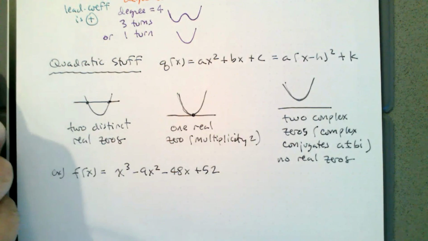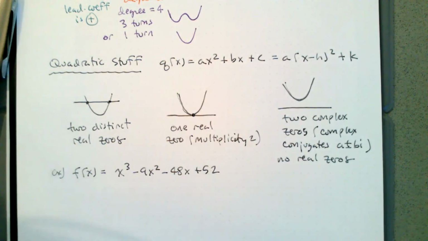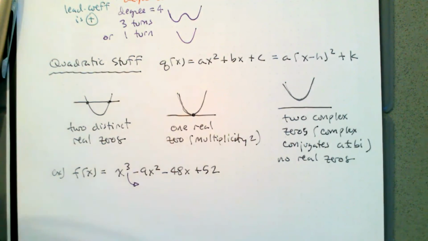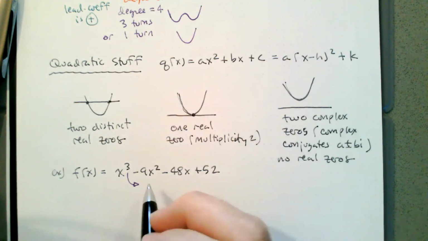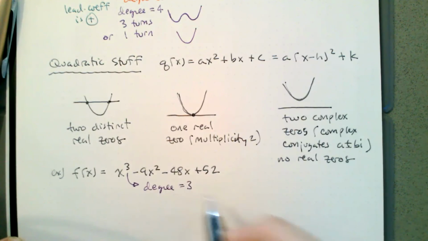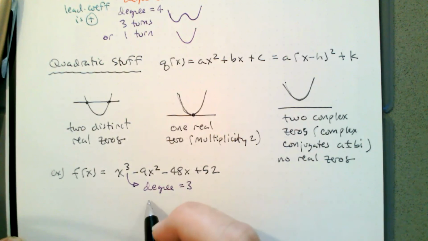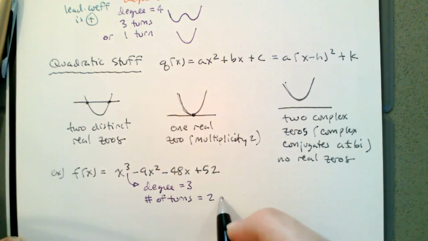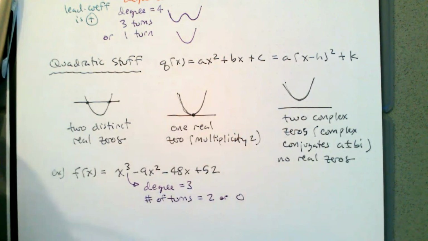Since this is third degree, the number of turns is two or zero.